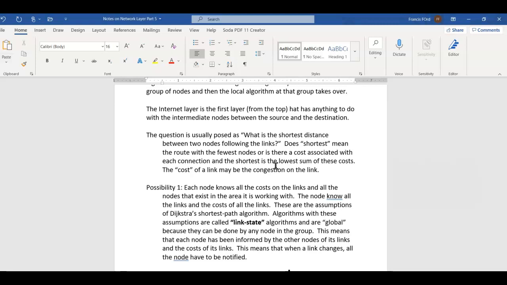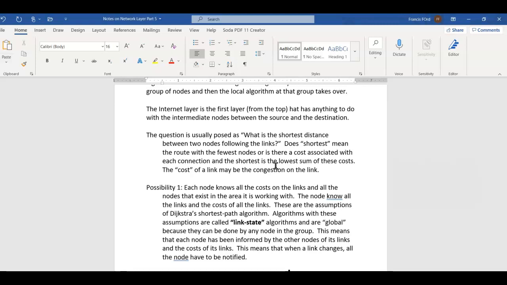I'm at node A. My job is to find the shortest path to each of the other nodes. Now, they're global because they can be done by any node in the group. What that means is that each node figures out its own best ways. So it's not as if one node has to compute everything. All the nodes compute their best paths.